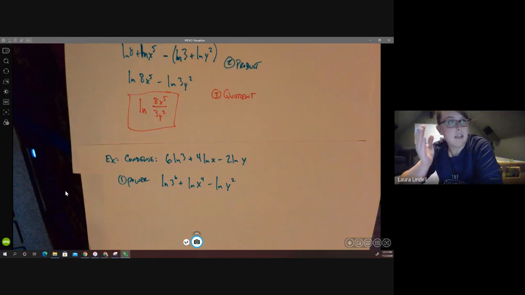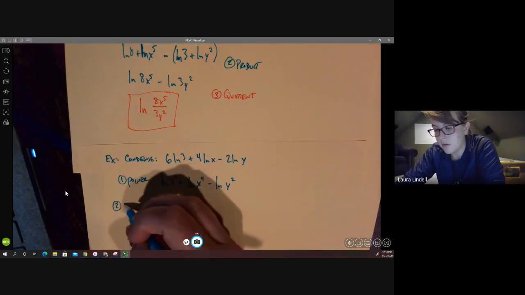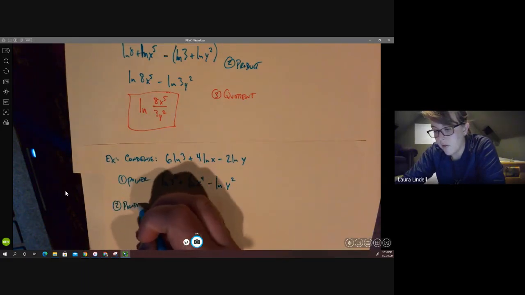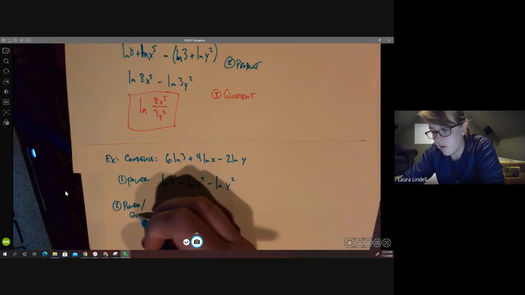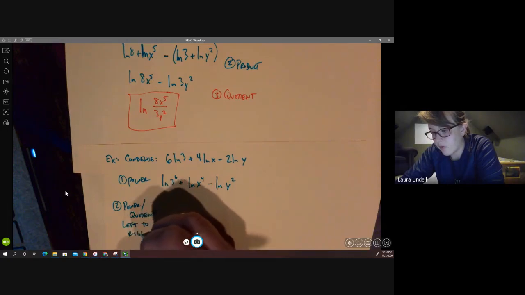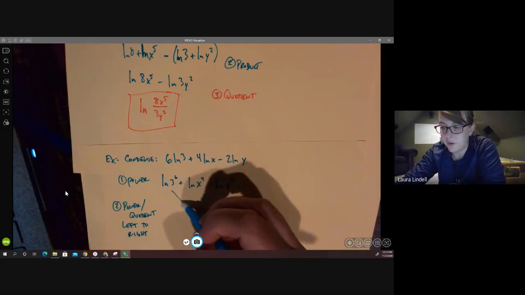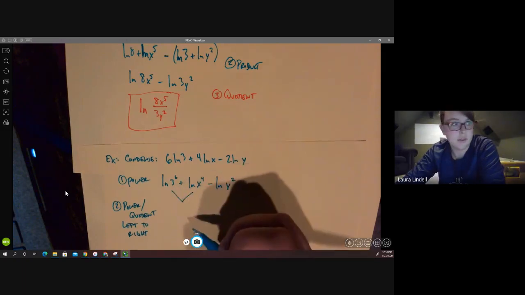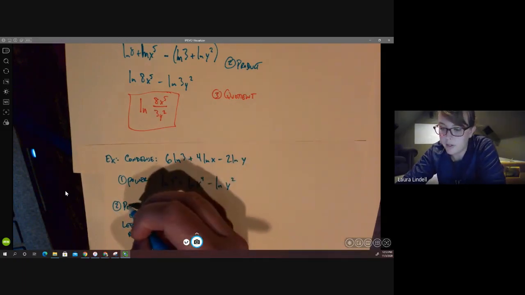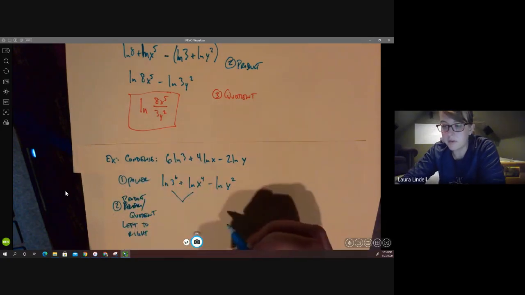Then we're going to combine things left to right. So first we go here and combine these using the product, not power.